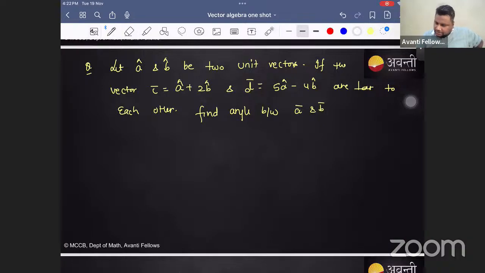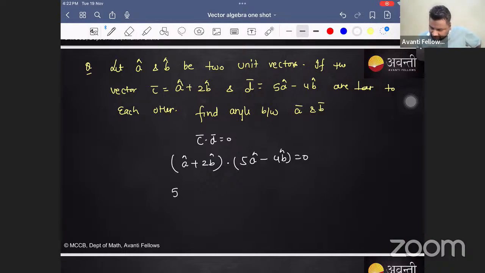Now see, if C and D are perpendicular to each other, that means C dot D is going to be 0. Means (A cap plus 2B cap) dot (5A cap minus 4B cap) is going to be 0.